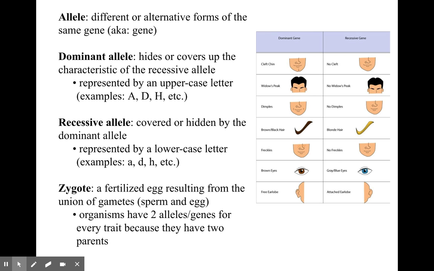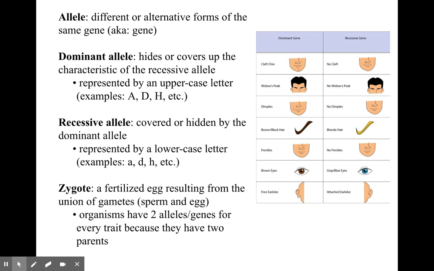So when we're talking about hair color, you have two alleles for hair color. And if we look over here in this picture, you would have two alleles for your chin, or for how your hair grows, or for dimples. So you have two alleles for each gene.